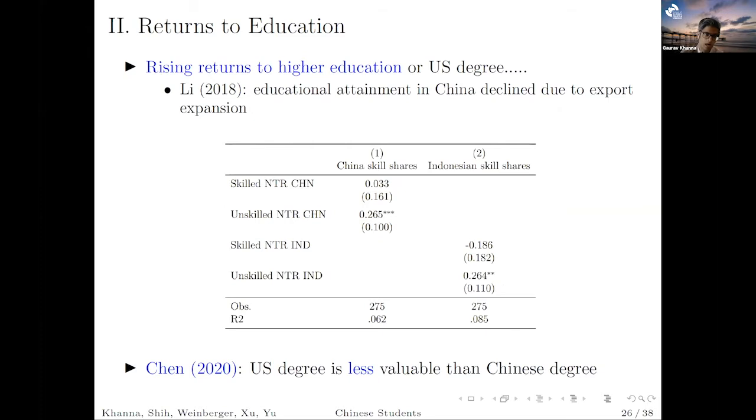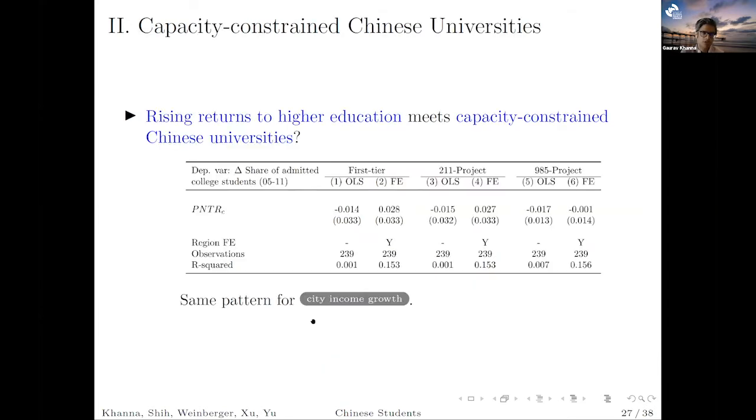So it was more of an unskilled shock. There's also some other work that did an audit study, essentially, where they send resumes, showing that the US degree is actually less valuable than Chinese degrees in the Chinese labor market. So we don't think the returns to education could be a big factor here.